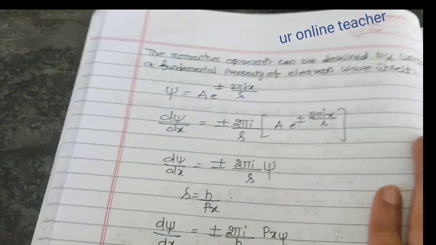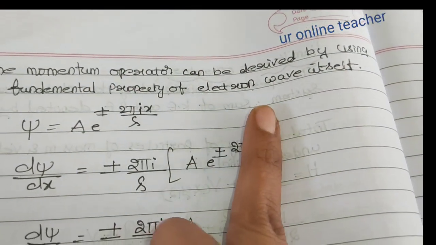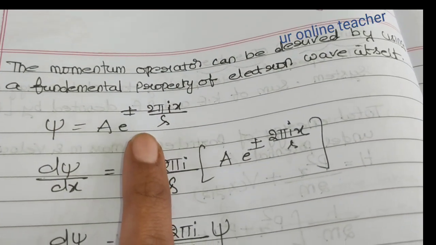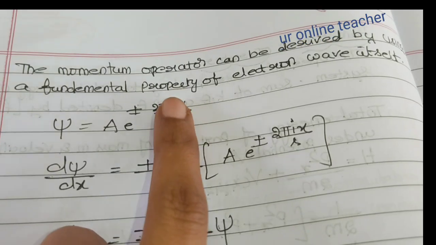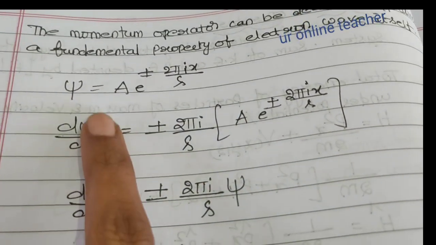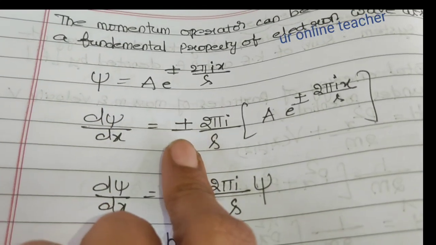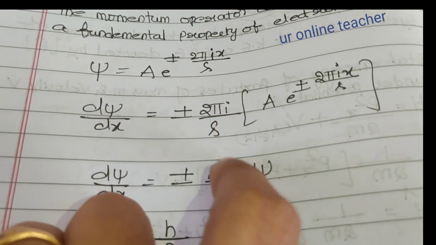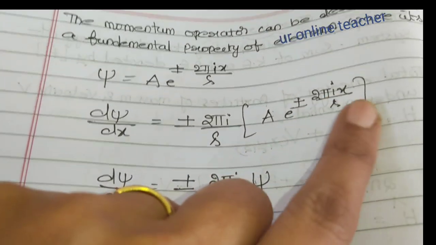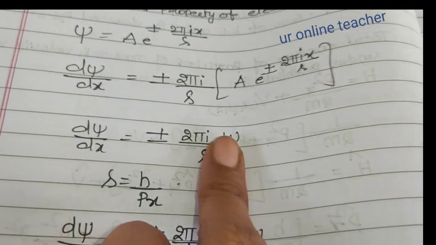Let's see that. The momentum operator can be derived by using a fundamental property of the electron wave itself. So psi is equal to e to the power of plus or minus 2 pi i x by lambda. If we differentiate it, dψ/dx is equal to plus or minus 2 pi i by lambda into e to the power of plus or minus 2 pi i x by lambda, which is psi again.